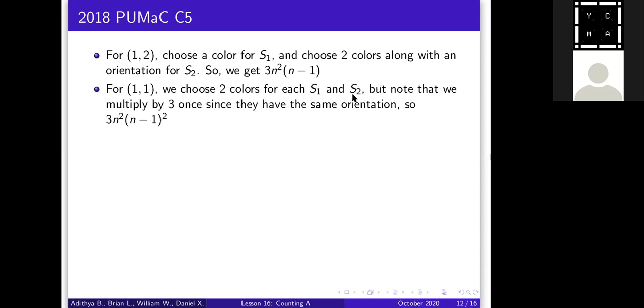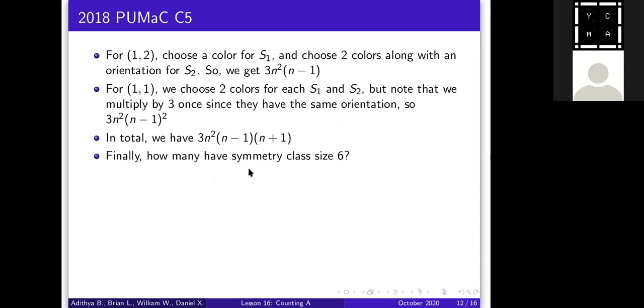Since if they're in different sectors, then we're actually in a symmetry class of size 6. So we only multiply by 3 once. So this class gives 3n squared times n minus 1 squared. So in total, we add 3n squared times n minus 1 times 2, and then plus 3n squared times n minus 1 squared. So in total, we have 3n squared times n squared minus 1.